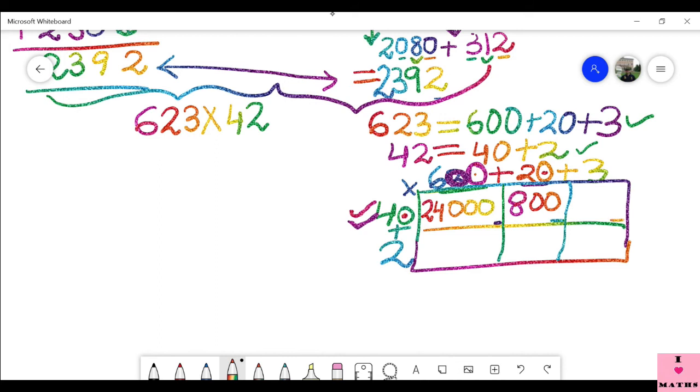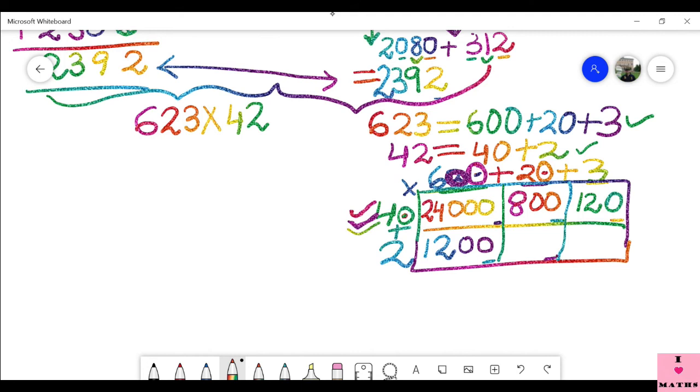Now we have to fill up this box. The topmost number multiplied by the leftmost number. 4 3s is 12. And this 0 will come here at the back. So 4 3s is 120. Now we have to fill up this box. 6 2s is 12 and these 2 zeros will come at the back.